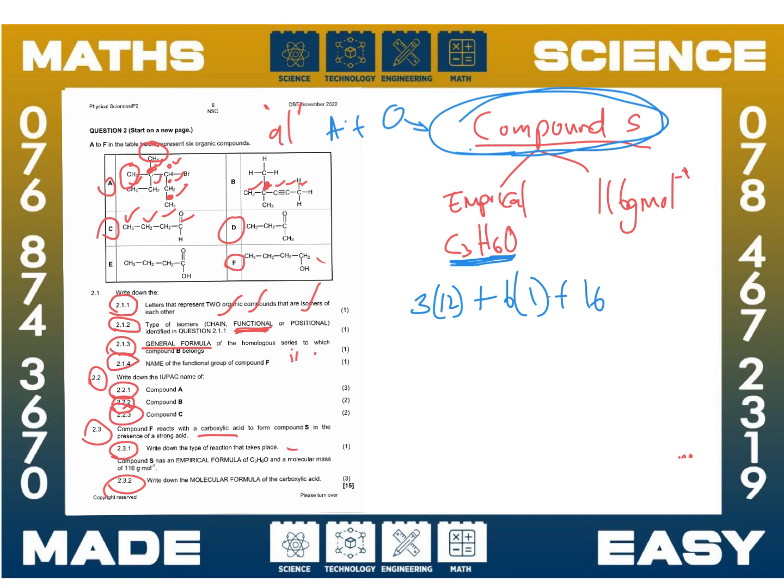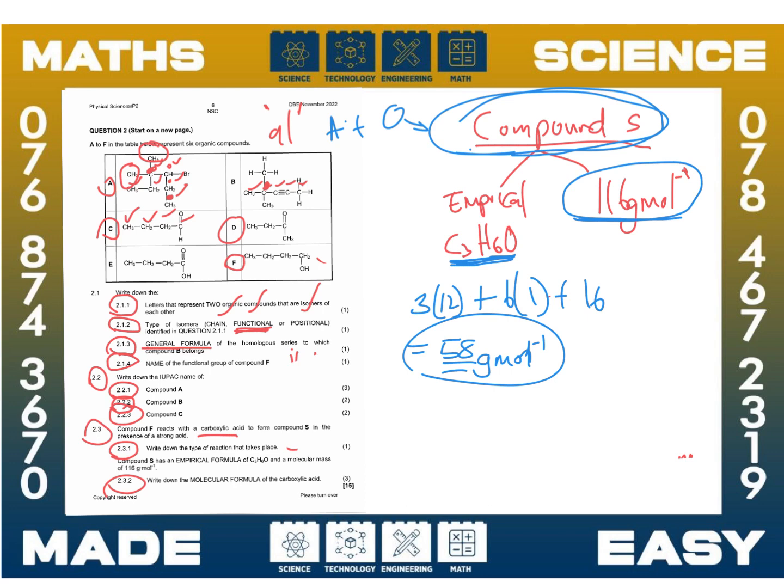So we say 3 times 12 plus 6 times 1 plus 16. That will be 58 grams per mole. Then we take the molar mass, divide it by 58, and multiply the empirical formula by the answer to get the molecular formula of compound S.